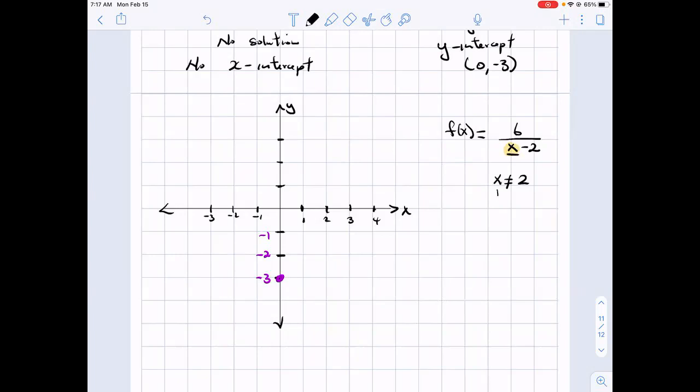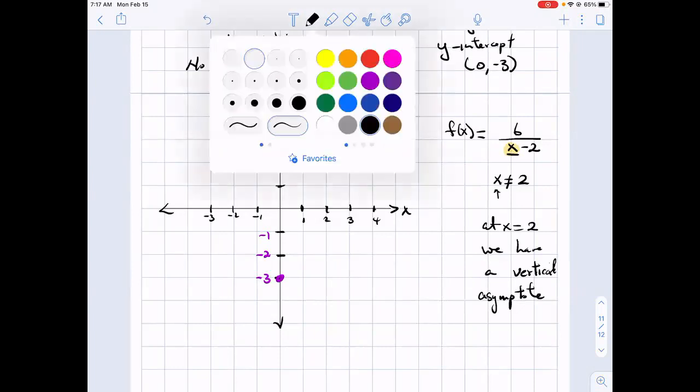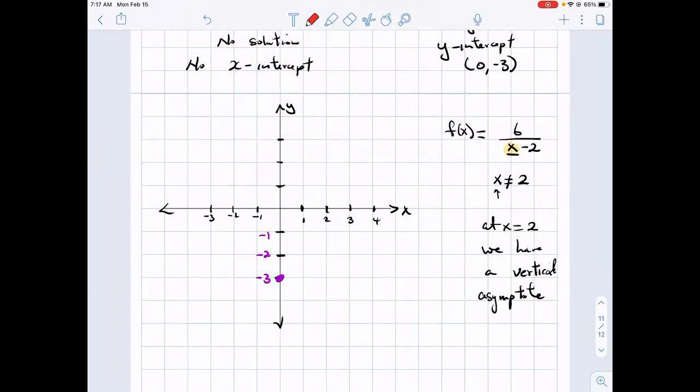So at x equals 2, we have a vertical asymptote. Remember, it's a line, but because it's vertical, it will be a vertical line passing through the point x equals 2.